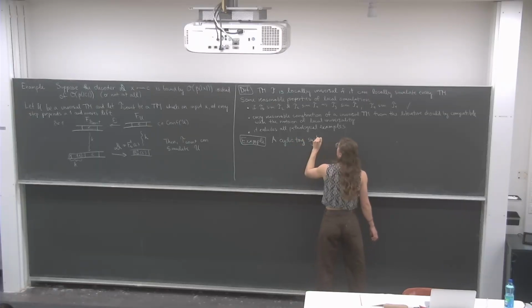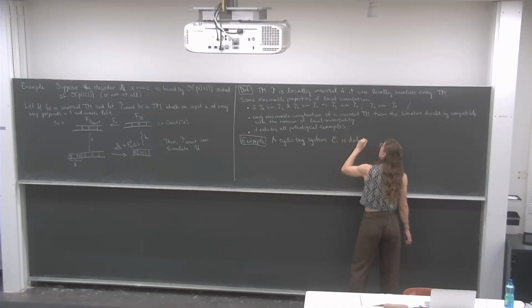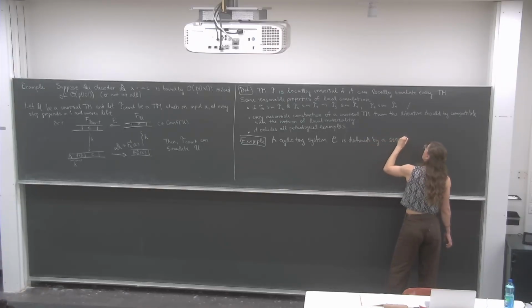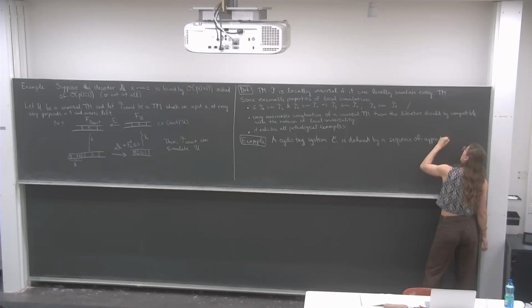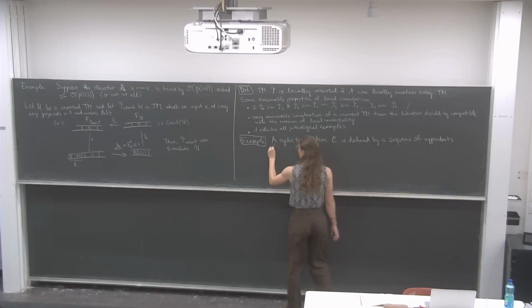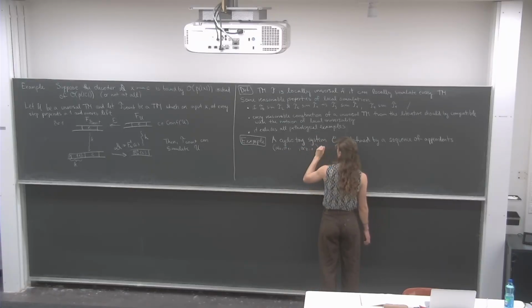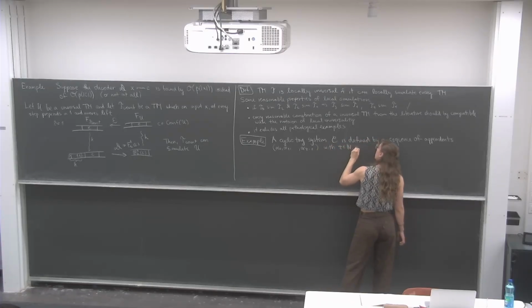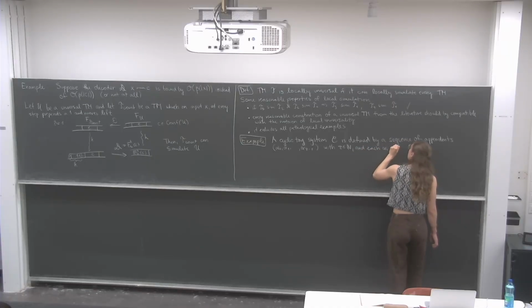So a cyclic tag system C is defined by a finite sequence of appendants alpha 0, alpha 1, all the way to alpha z minus 1, with z being some natural number, and each alpha i is just a binary sequence.